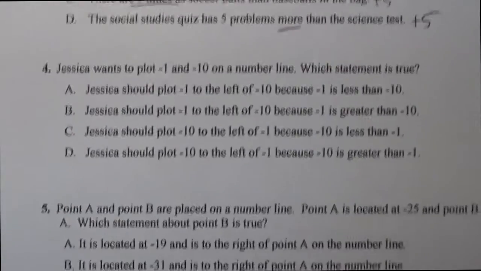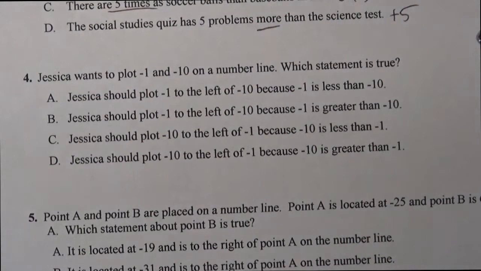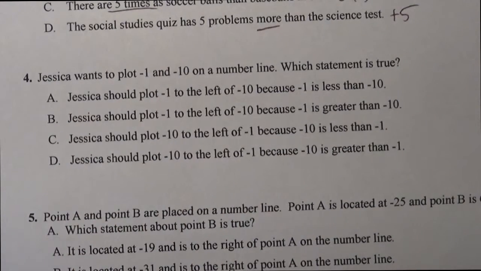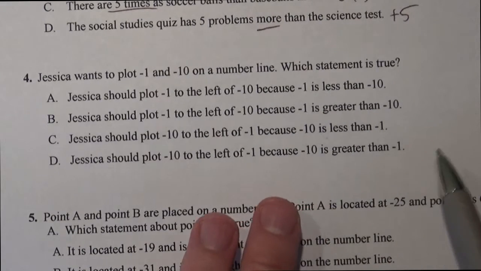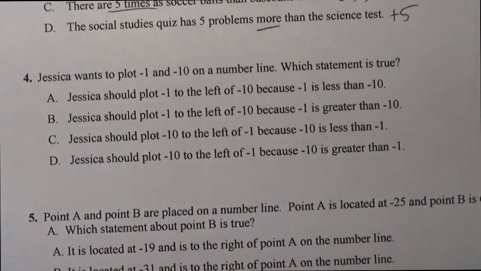Taking a look at number 4. This is going to be maybe helpful for some people. You will have the ability to write all over your test, all over your paper. You'll have extra scrap paper even to use. So if you want to make a number line to help yourself out, maybe I pretend I'm Jessica and I'm plotting -1 and -10 on a number line.